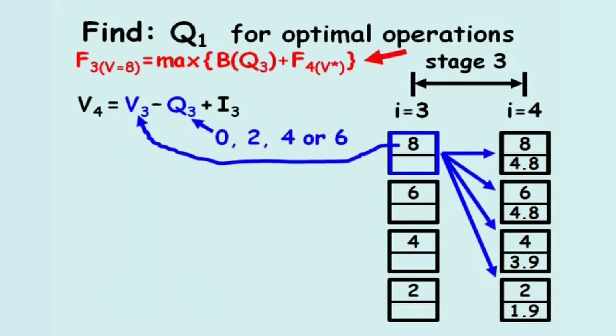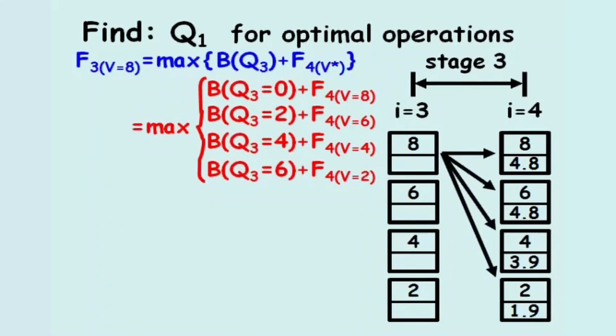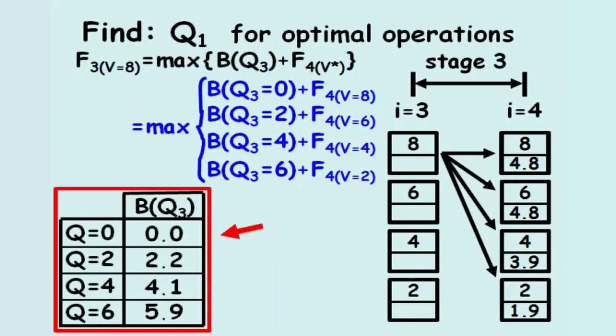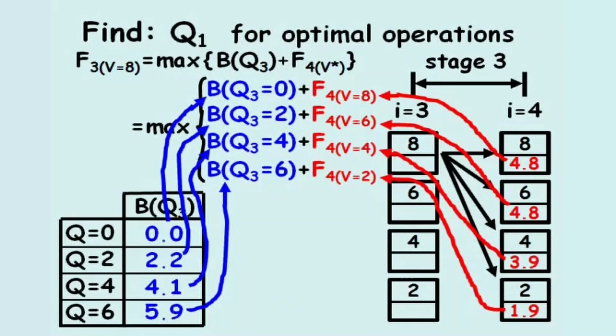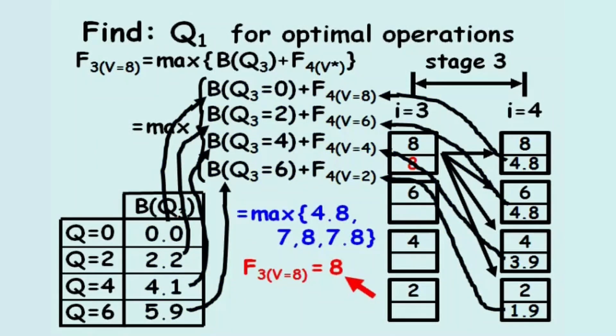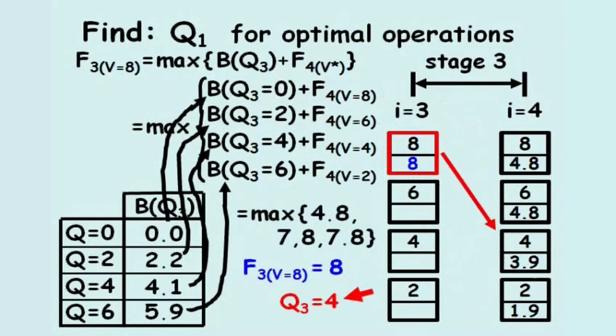After writing out the objective function and expanding its 4 equations, then recalling the benefits associated with releasing 0, 2, 4, and 6 units of water for stage 3, plugging in those values into our objective function, then plugging in the future optimal objective function values we calculated for stage 4, the maximum benefit of state 3 with 8 units of water equals 8, which corresponds to releasing 4 units of water in stage 3.